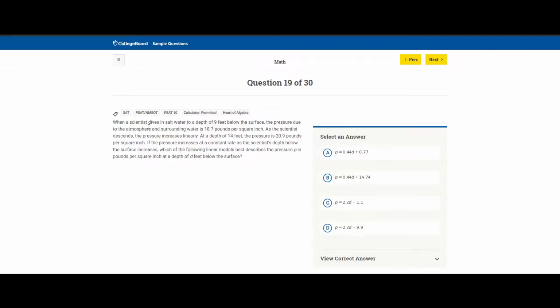Okay, so this one is solving a line. That's basically what this one is. So we're looking at the fact that it's 20.9 minus 18.7 over 14 minus 9. So that is 5 over 2.2.